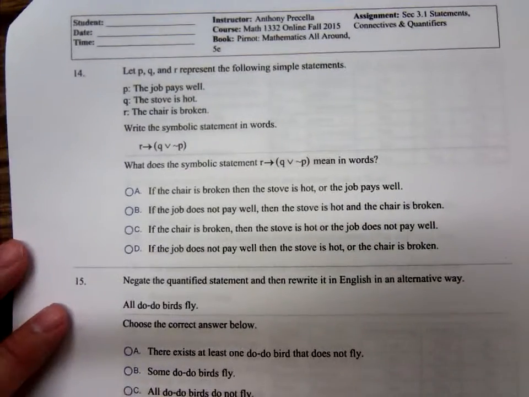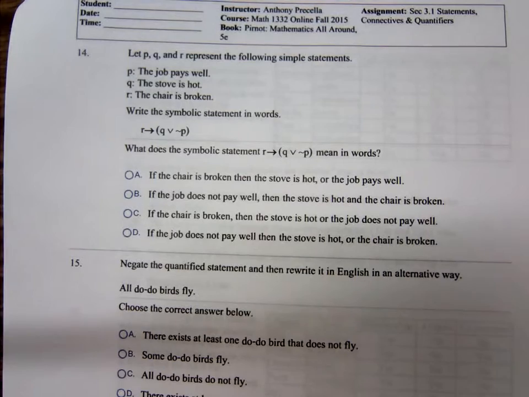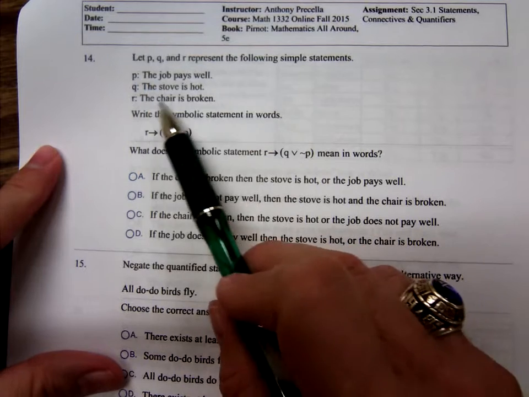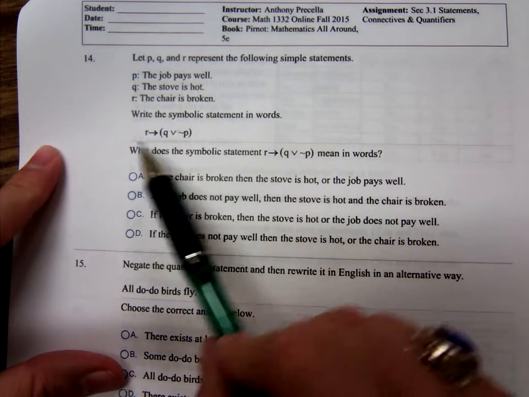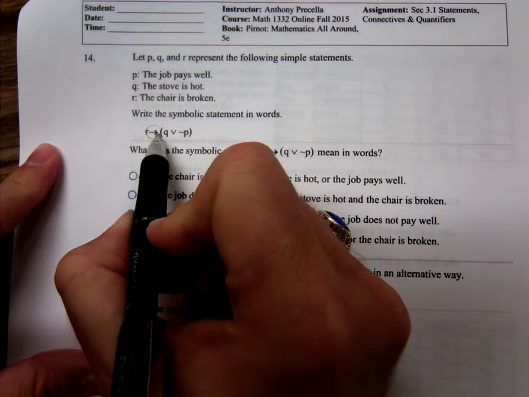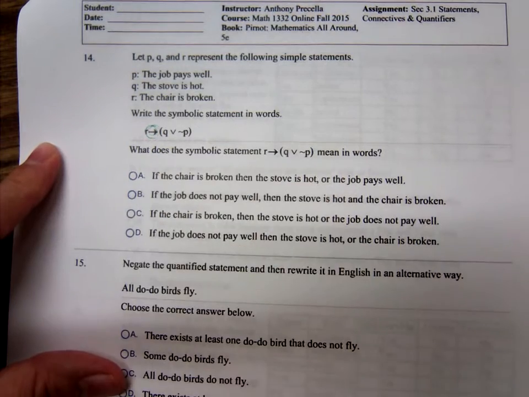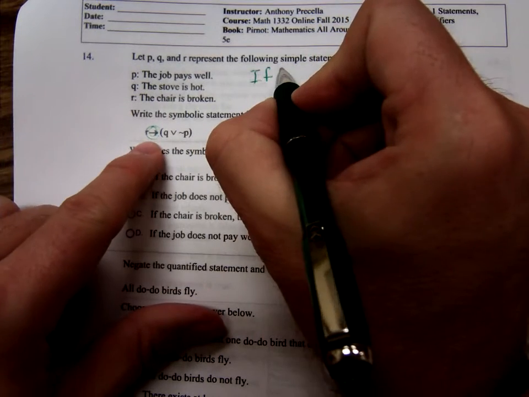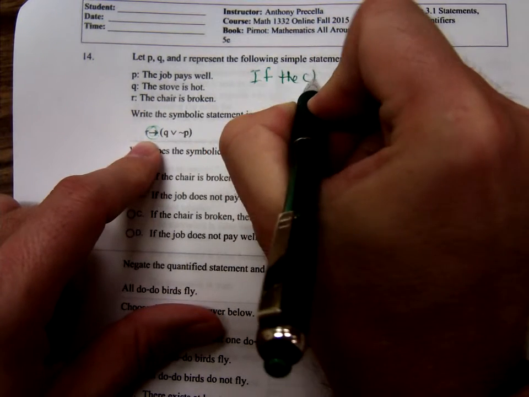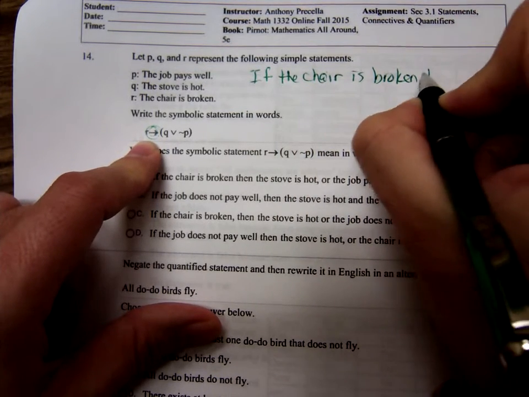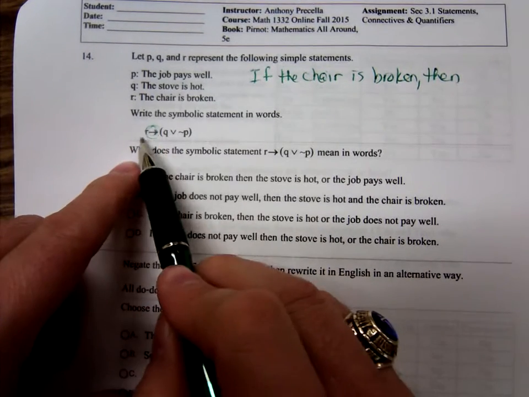There's another one. We're told what P is: job pays well, Q the stove is hot, R the chair is broken. So we're going to write this out in words. This little symbol here with the arrow one way is the if-then. So it's if R, that's the chair is broken, then, that's the if-then, okay?